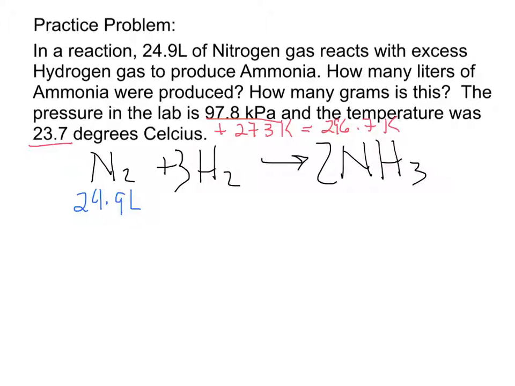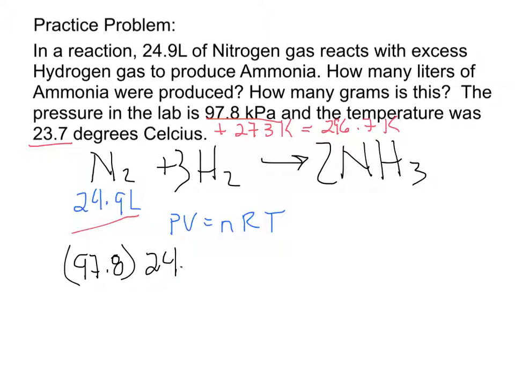Okay? So now, let us use our next equation, which is PV equals nRT. And we need to turn our volume here of 24.9 liters of nitrogen gas into moles. So we'll go ahead and put our 97.8 kilopascals in pressure. We know that our volume is 24.9 liters. We have no idea what the moles are.